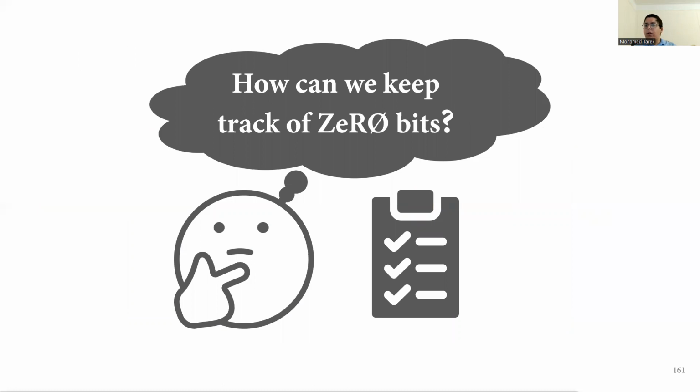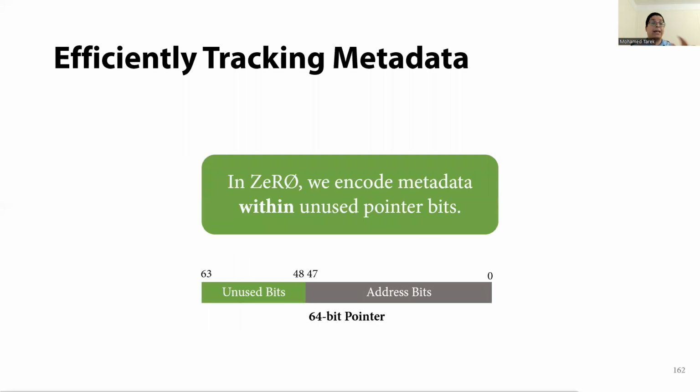So far, I have been talking about tagging different program assets while being stored in memory. So I think it's fair to ask, how can ZeRØ keep track of these tag bits in memory? In other words, how can ZeRØ efficiently identify if a memory word is a return address, code pointer, data pointer, or simply regular data? In ZeRØ, we store metadata about the program pointers within the pointers themselves.